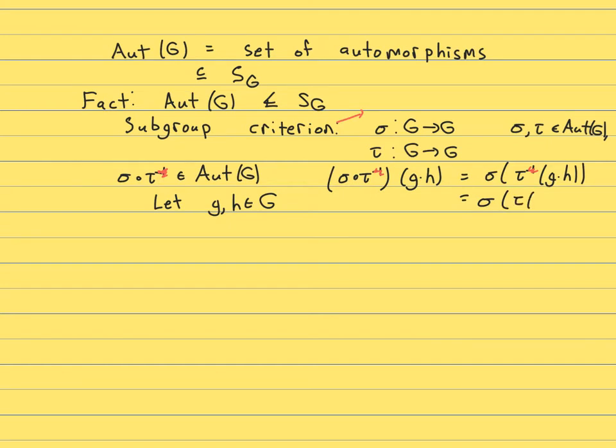Tau is an automorphism, so it's multiplicative. So now I have sigma of a product. Sigma is multiplicative, so sigma of the product is the product of the sigmas.